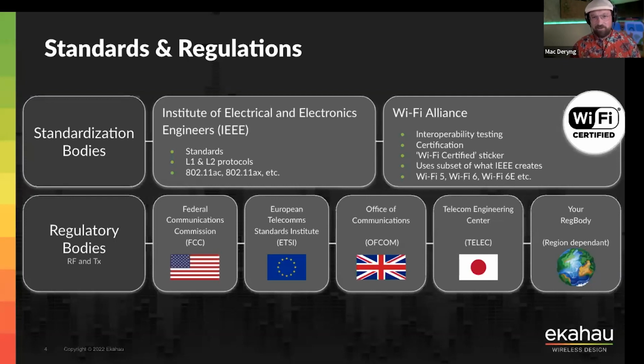So as 802.11ax is defined by IEEE, we have Wi-Fi 6 and Wi-Fi 6E. But these two names are not defined by the 802.11 standard. They are defined by the Wi-Fi Alliance, which is another body that tests interoperability between Wi-Fi devices. So if you have a Wi-Fi 6 certified device and a Wi-Fi 6 certified client, you know that these two devices will be able to work together.